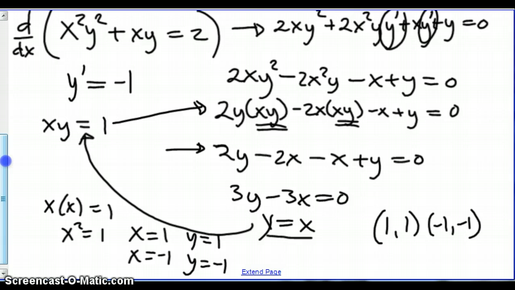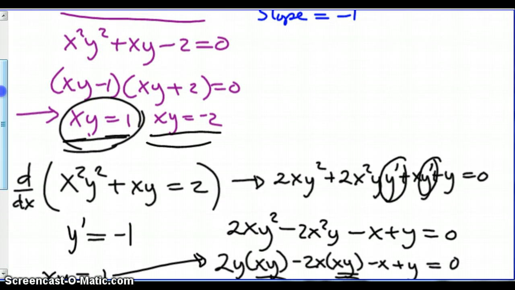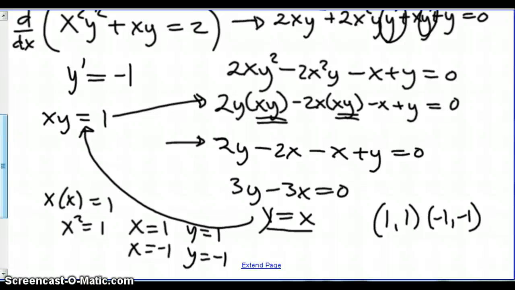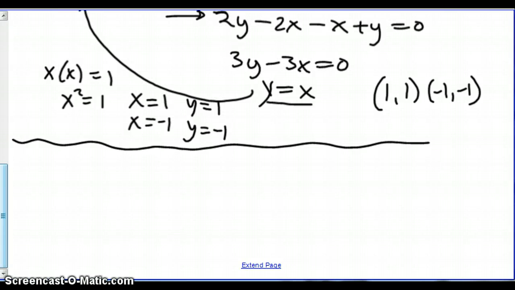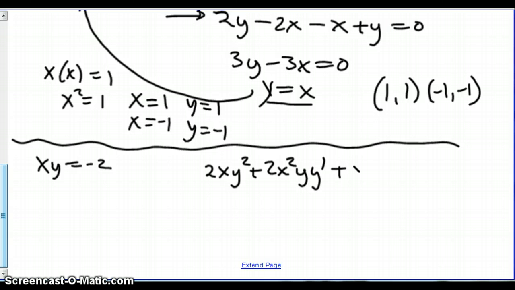We need to double check and see if this part of the solution to my quadratic, the original equation, also works. So I need to see if xy equals -2 also works in my implicitly differentiated function, which was 2xy squared plus 2x squared y prime plus xy prime plus y. Okay.